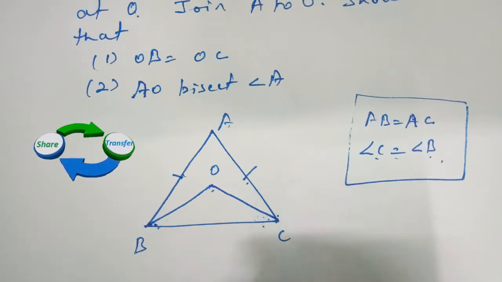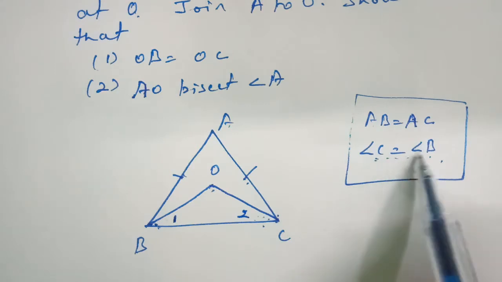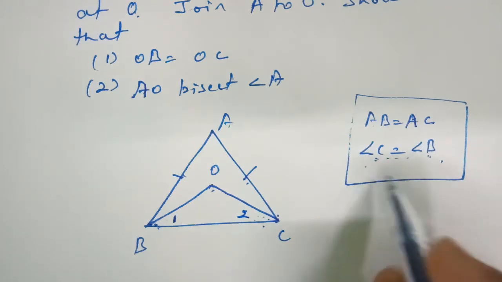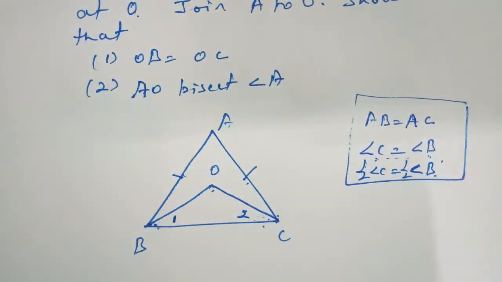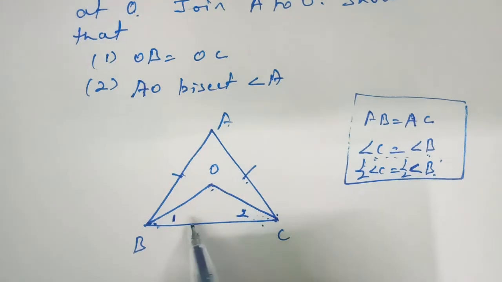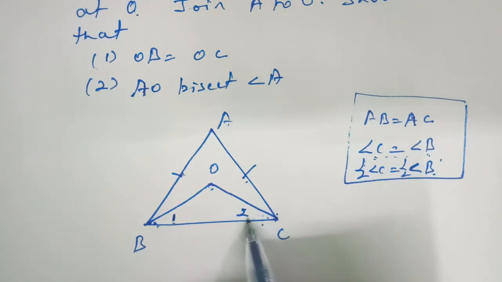Their parts are also equal. Let us name them as angle 1 and angle 2. If angle C is equal to angle B, then half of angle C will also be equal to half of angle B. This point you have to note. That is, angle 1 is equal to angle 2.